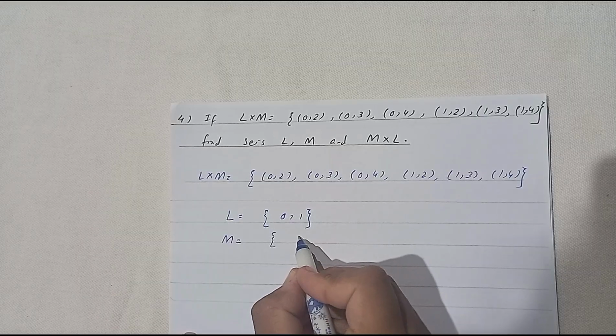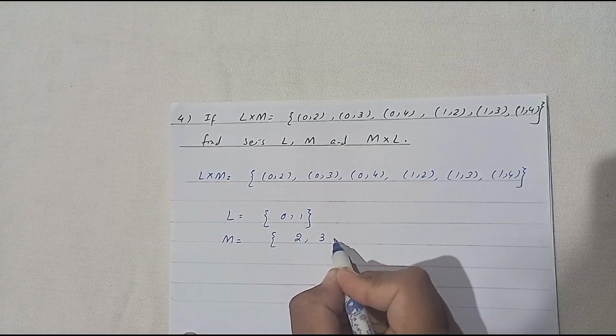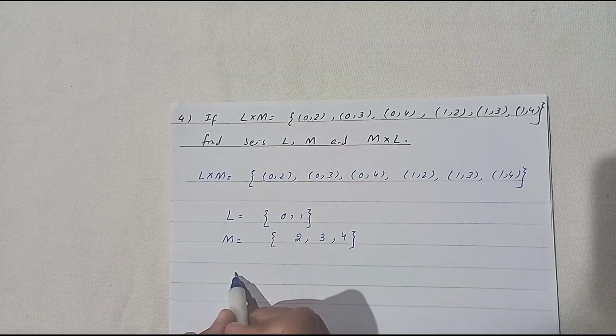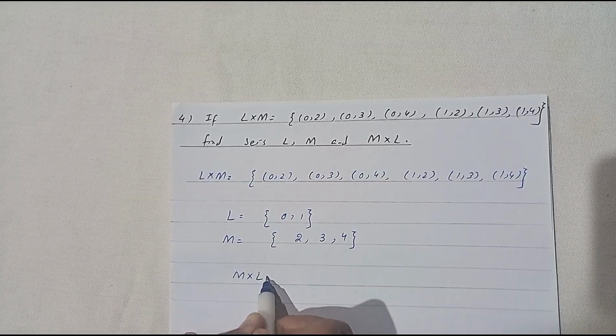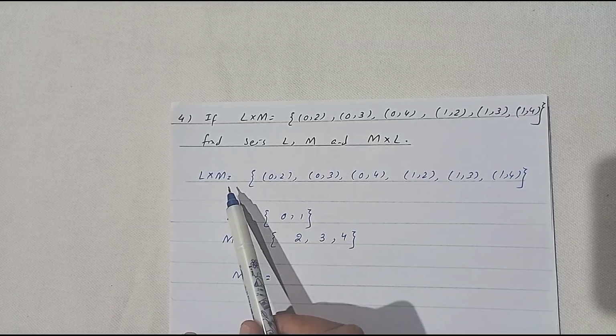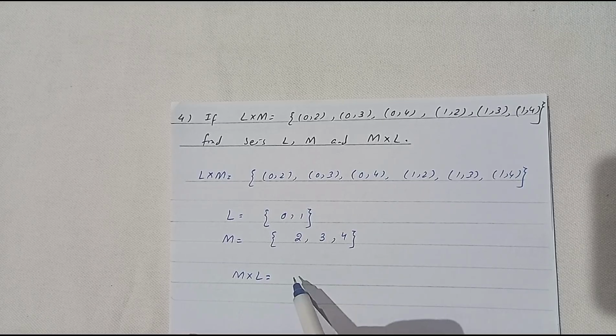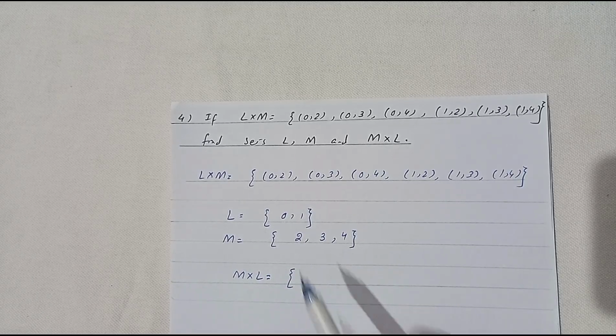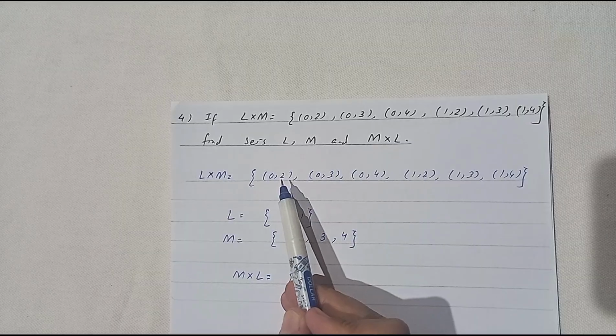So the elements of M are 2, 3, 4, and we also have to find the cross product of M cross L. Here the cross product of L cross M is given, so to find M cross L we change the position of X and Y elements.